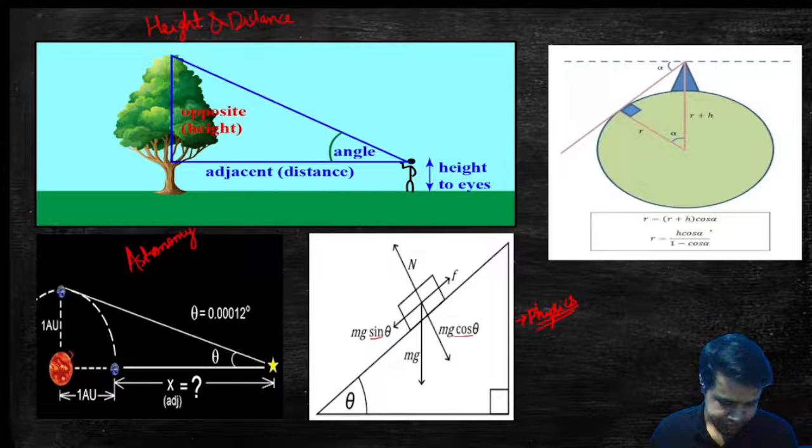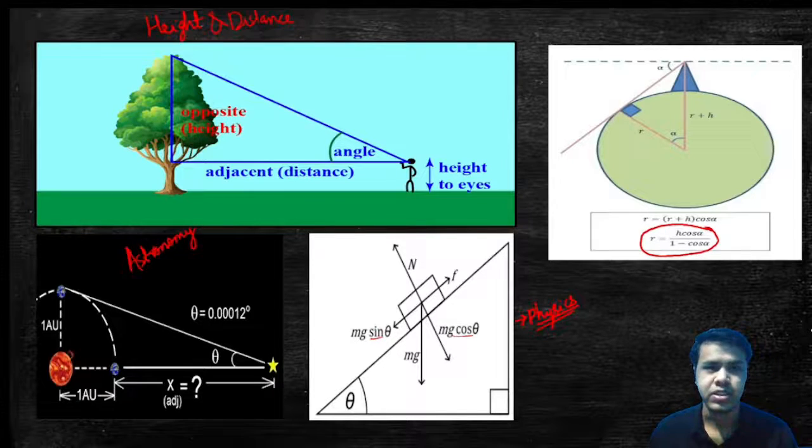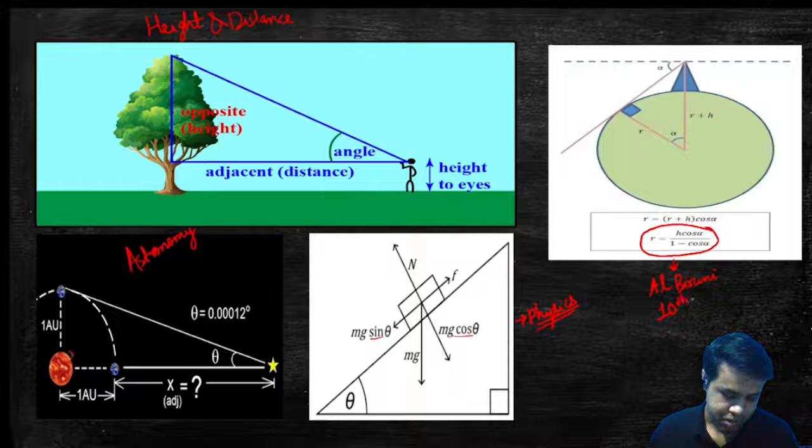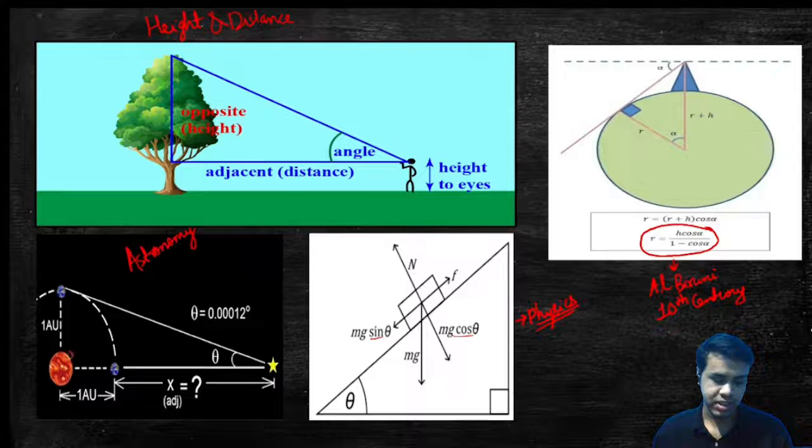This is the formula used by a mathematician known as Al-Biruni, dating as far back as the 10th century, who used this formula to find the radius of the Earth. Yes, radius of the Earth. So trigonometry has been around in human history for a long time and has a wide range of applications. Other applications include geology and the construction of buildings.